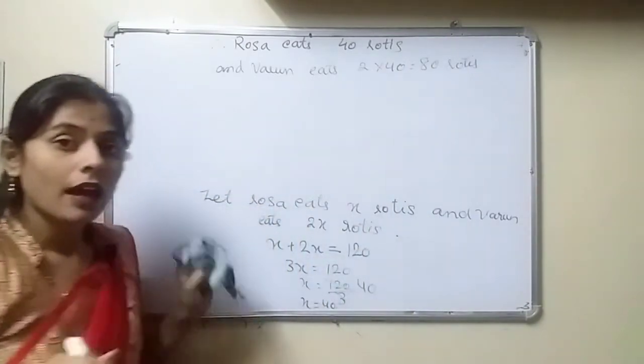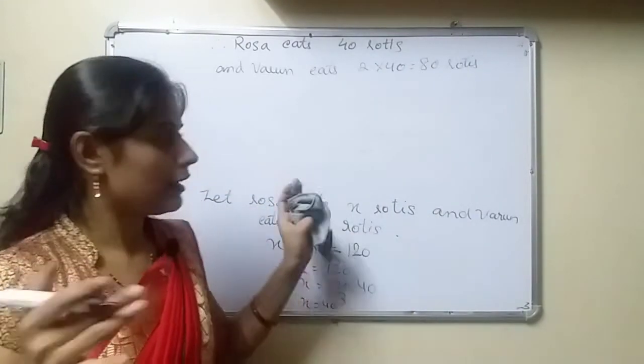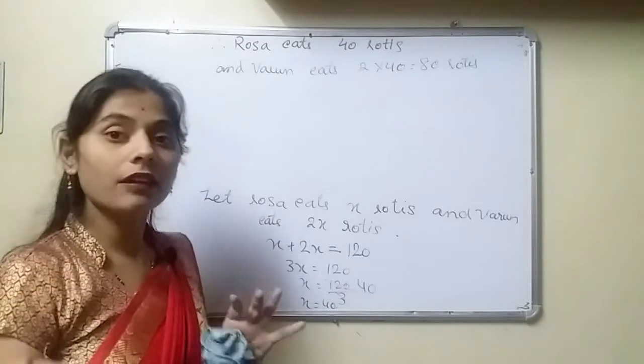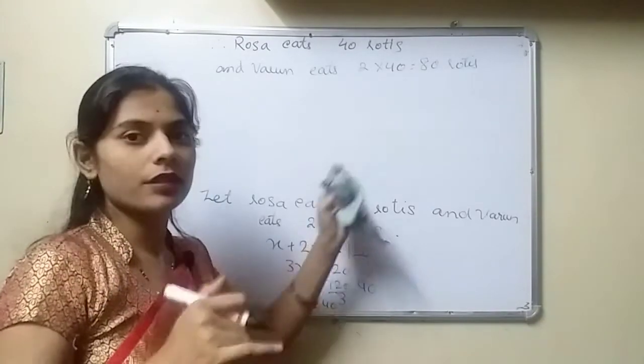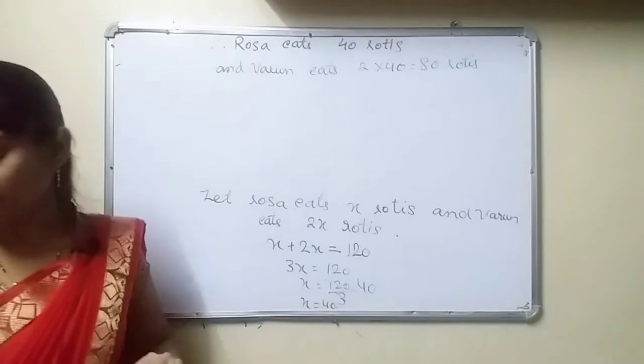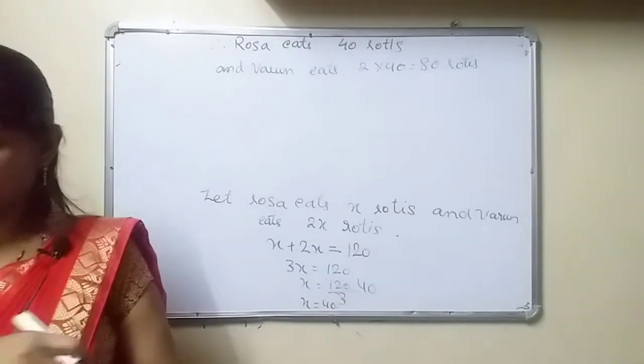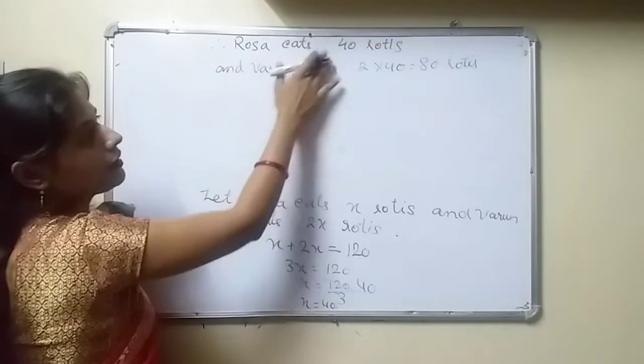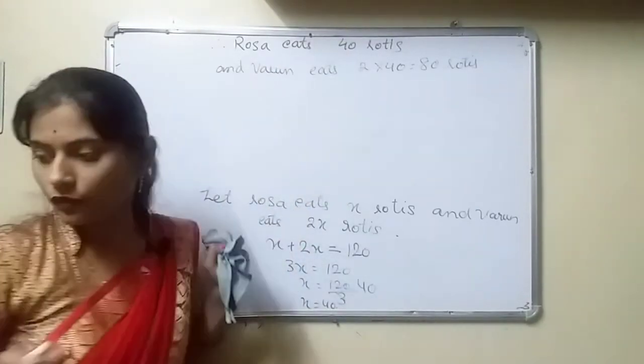Now see, how many rotis does he waste, that also you have to find. In 120 days how many rotis does he waste, and per 1 day how many rotis do they eat, that also you have to find. Now see, the number of rotis Rosa eats, that is 40 rotis.